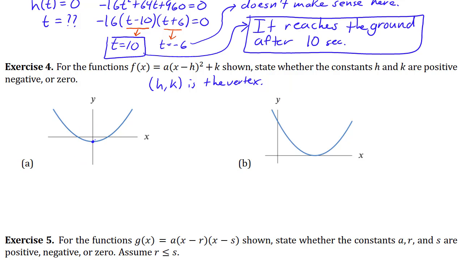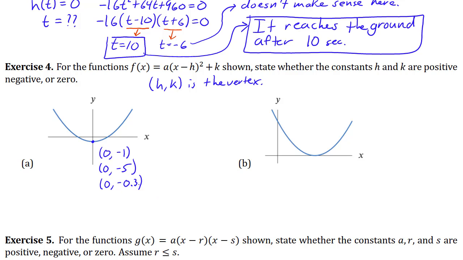The x coordinate is 0 because you're not going left or right at all. So in this case, it might be something like 0, negative 1 is a vertex, or maybe it's 0, negative 5. I don't have a scale here. Or maybe it's 0, negative 0.3 or something like that.